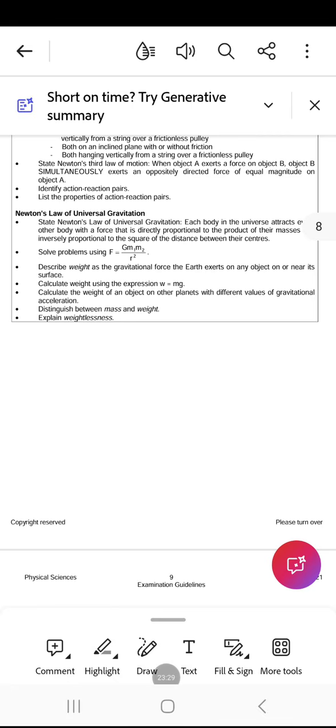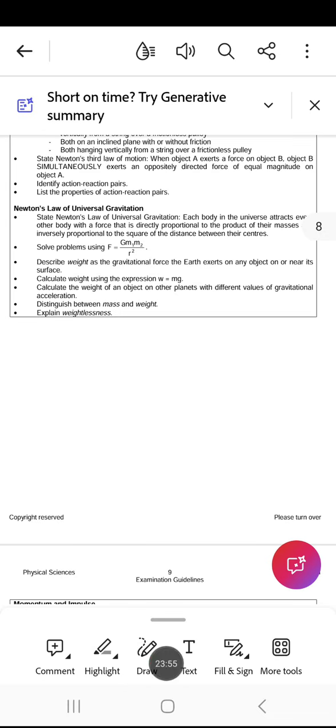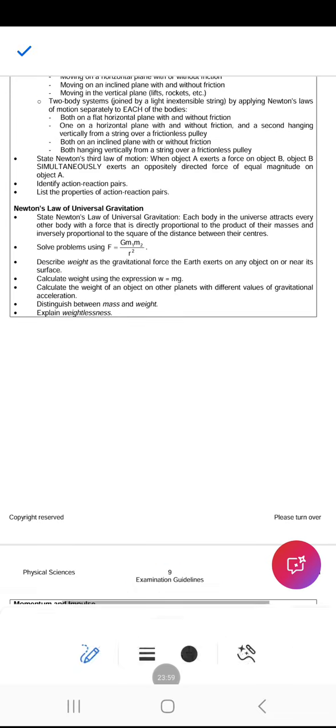When object A exerts a force on object B, object B simultaneously exerts an oppositely directed force of equal magnitude on object A. You must know how to apply this formula.